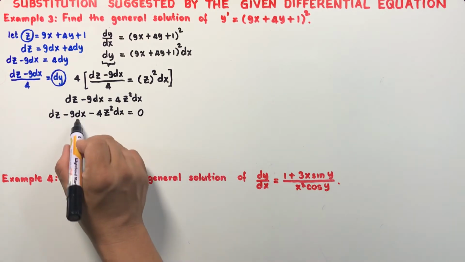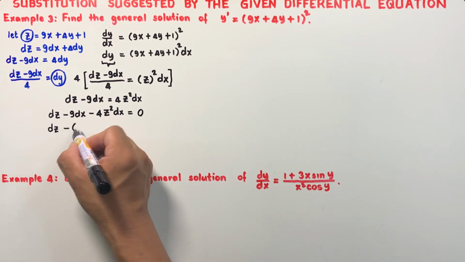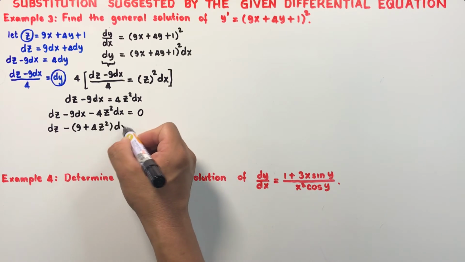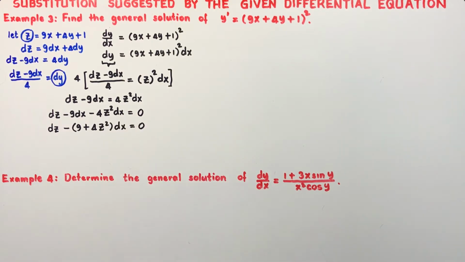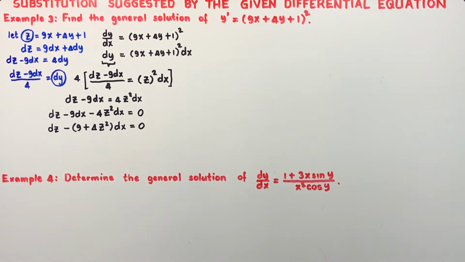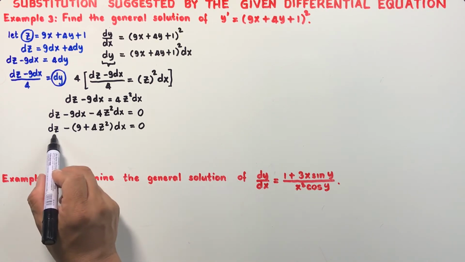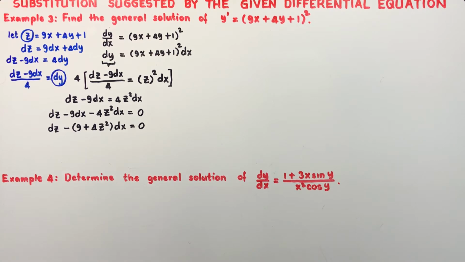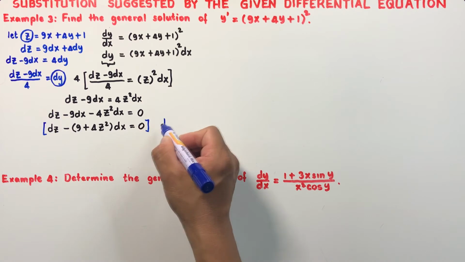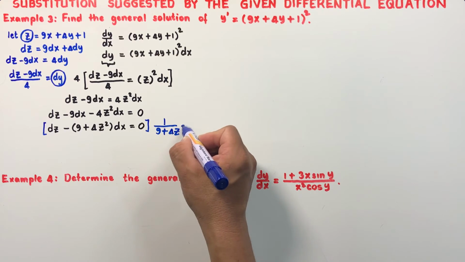And factoring the common factor of dx here, we have dz minus (9 + 4z squared) times dx. And we noticed that this is already a separable differential equation, because we can move this 9 + 4z squared to the denominator of dz. And we can do that by multiplying both sides of the equation by 1 over (9 + 4z squared).